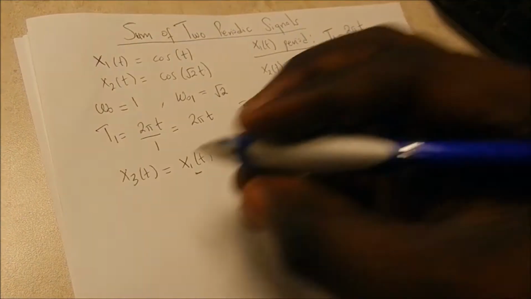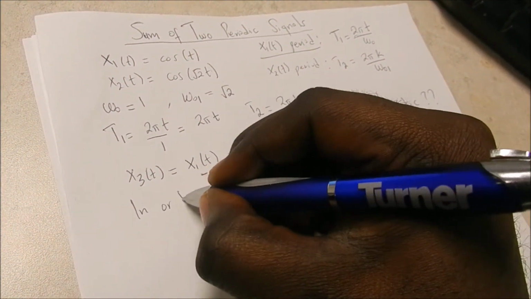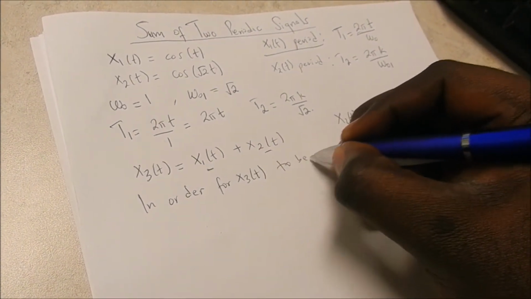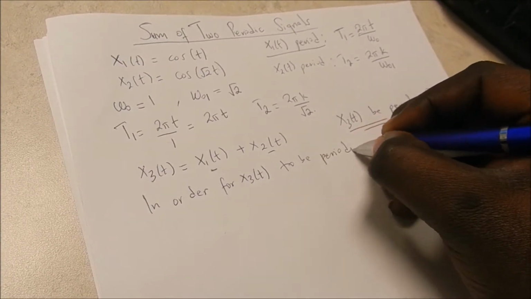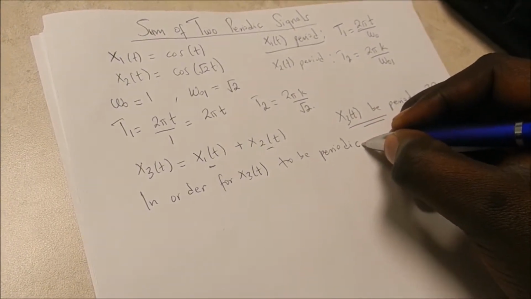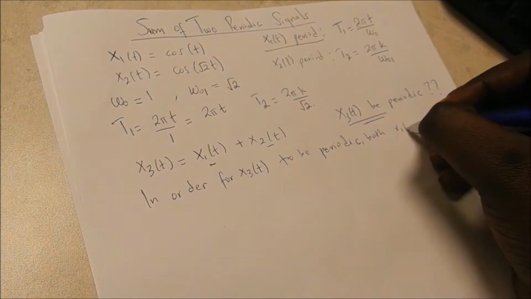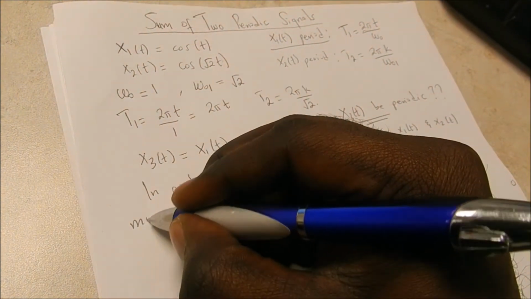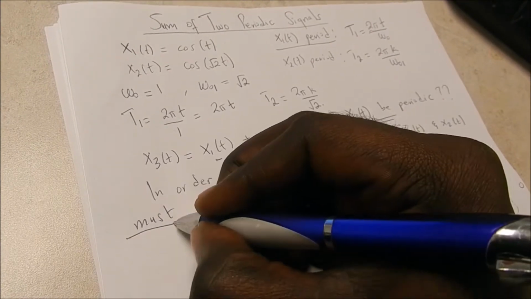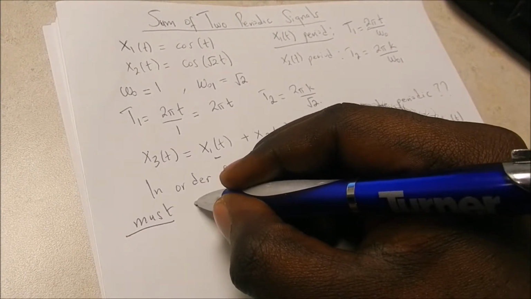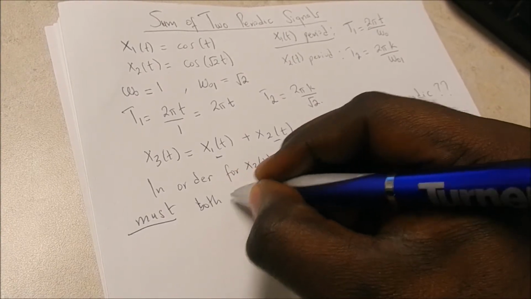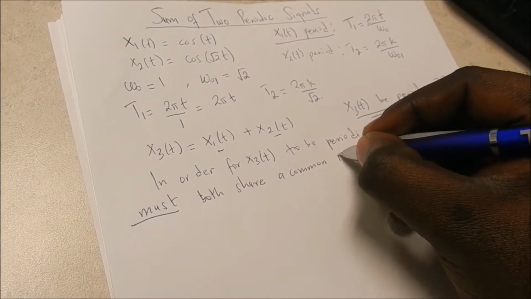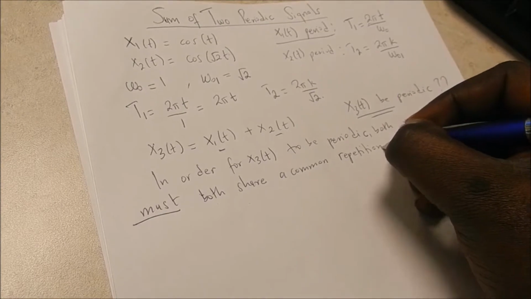Now, in order for x3 of t to be periodic, both x1 of t and x2 of t must, I'm going to underline this, must both share a common repetition value.